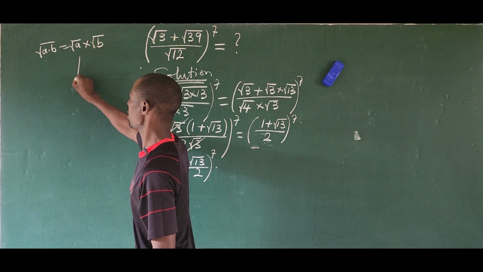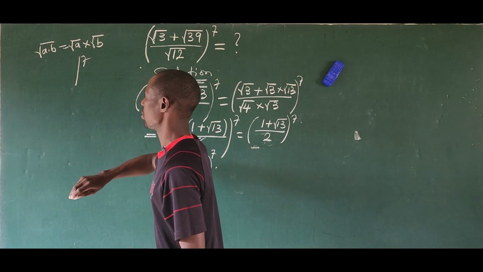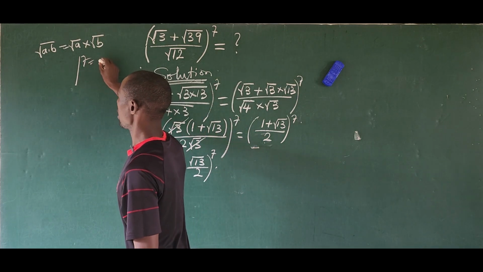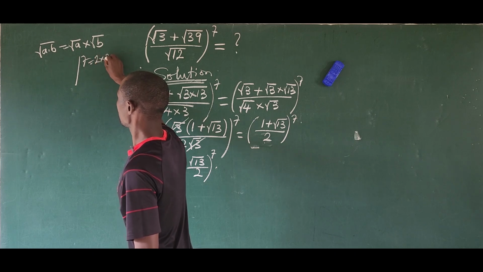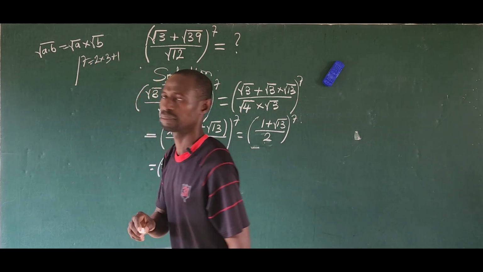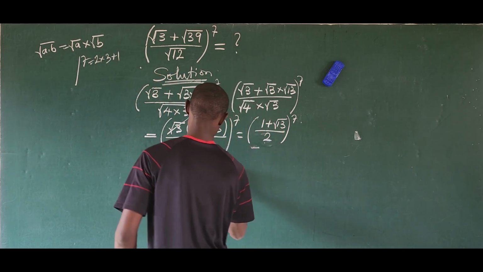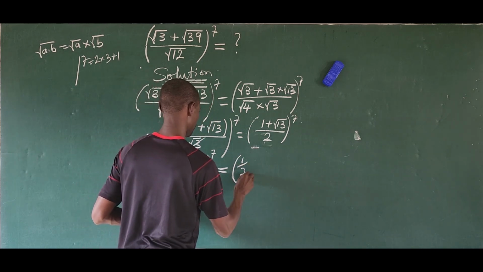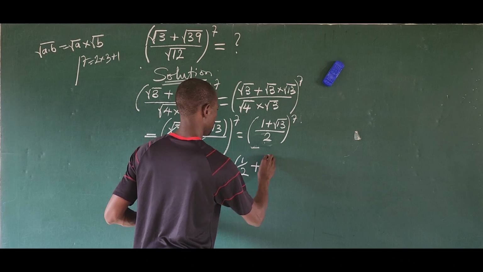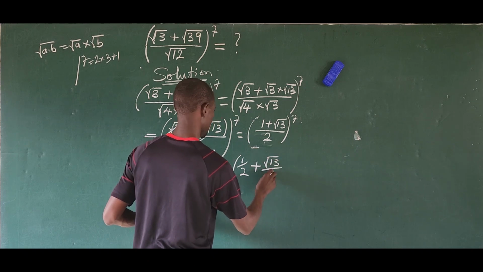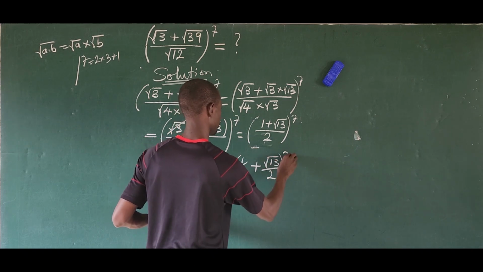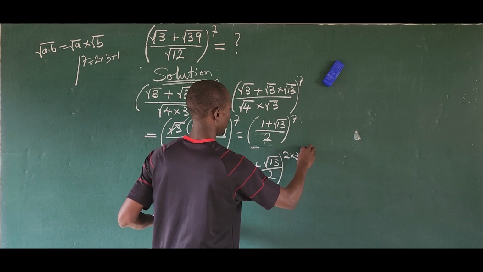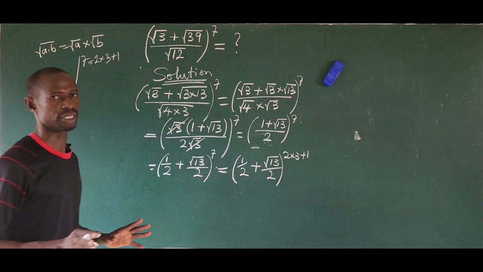We know that 7 can be written as 2 times 3 plus 1. So let's go ahead and break this down. This will give us 1 over 2 plus the square root of 13 over 2, all raised to 2 times 3 plus 1. We all know this, right?